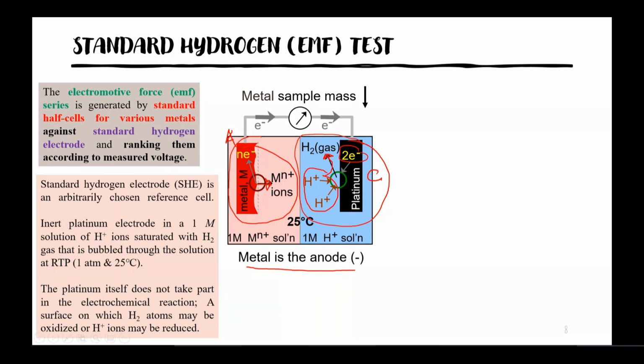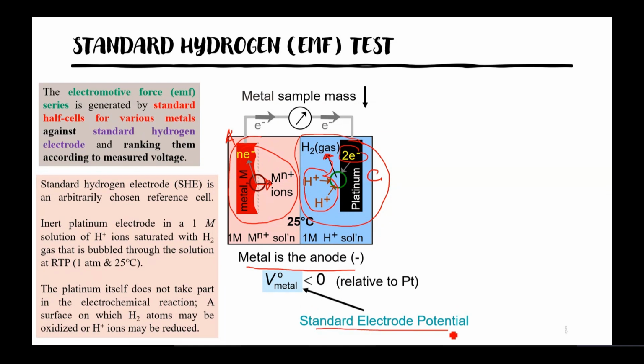Now if you connect another metal with the same hydrogen electrode, before we begin with the other example, the standard electrode potential is written in this form: V, the name of the metal, with a subscript 0, is less than 0.